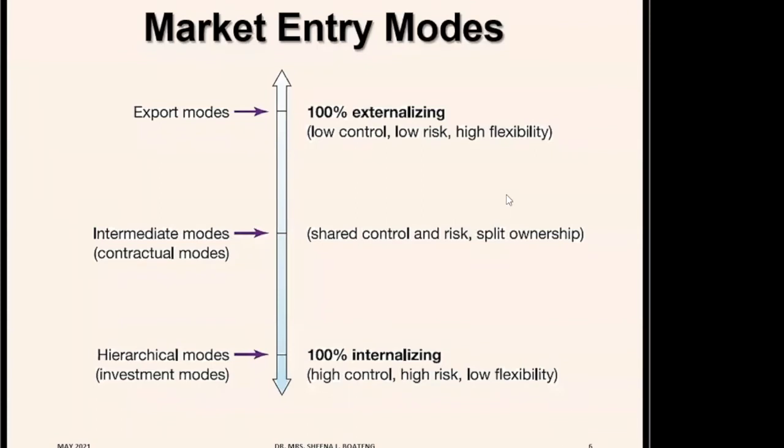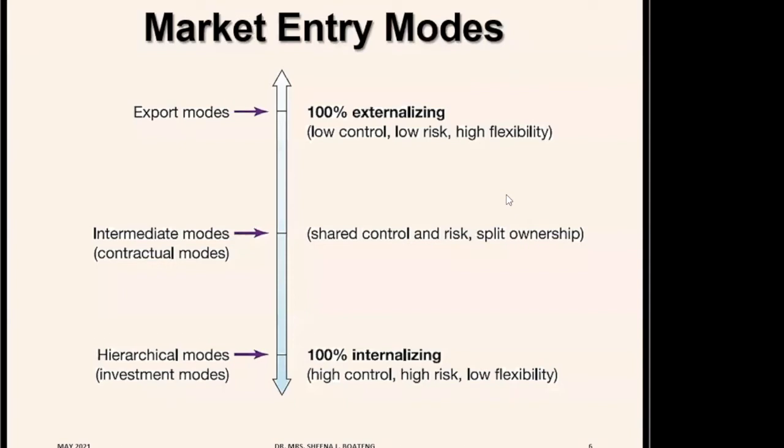Now, before we do so, it is important that we appreciate the nature of these three types of entry modes that we have discussed along a continuum. Now, this continuum ranges from export modes being the one that has the least amount of control on the part of the domestic firm that is conducting the export.